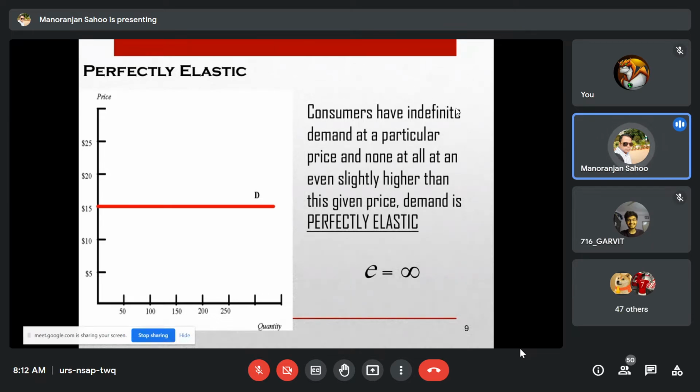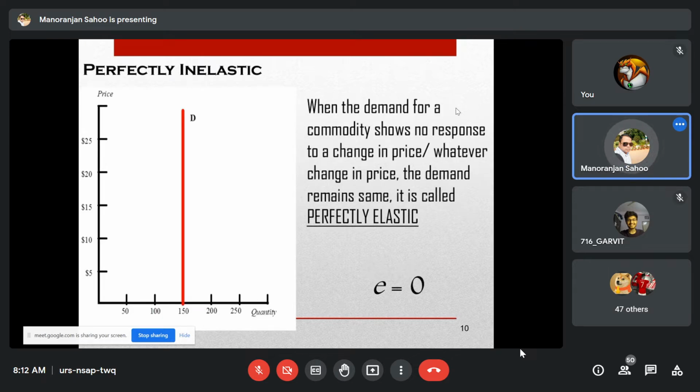There can be different degrees of the price elasticity of demand, like perfectly elastic demand. Perfectly elastic demand means for a small change in the price, there will be infinite change in the quantity demanded. In this case, the elasticity value will be infinity. In order to understand this, if we understand perfectly inelastic demand, it will be easy to understand perfectly elastic demand.